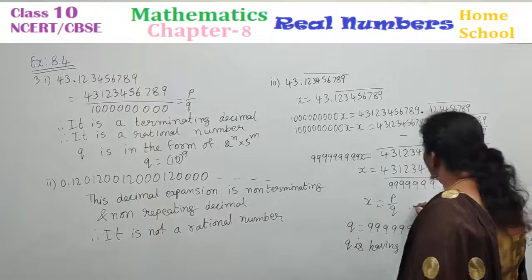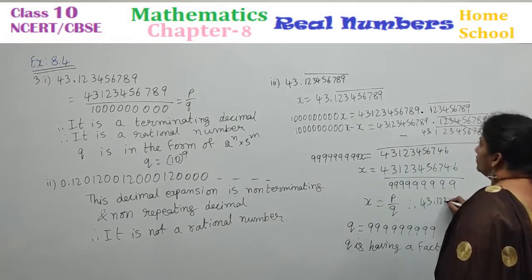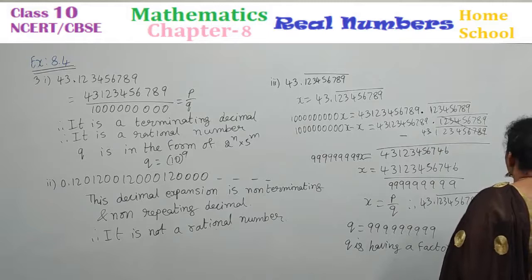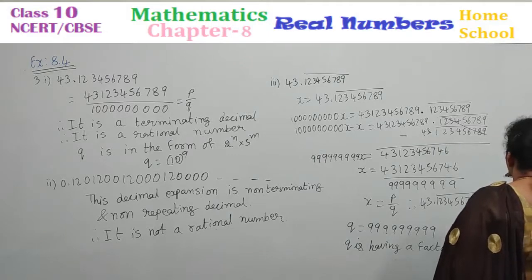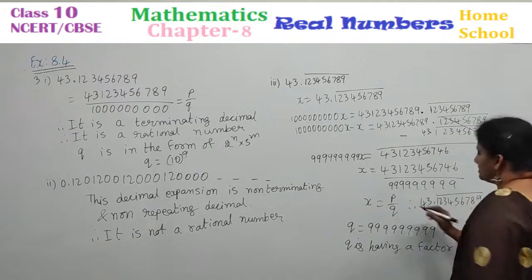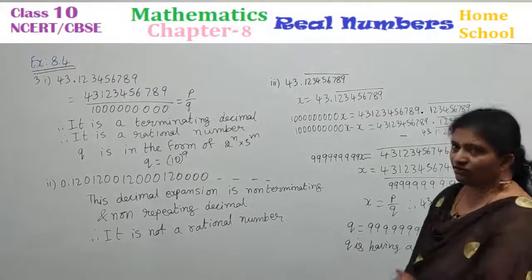You can write here, therefore, the given decimal 43.123456789 bar is a rational number, and it is in the form of P by Q. We have converted, and what your Q value is also we have written.